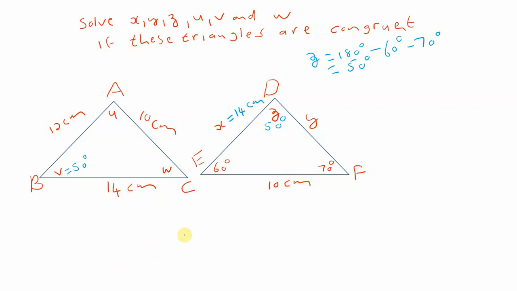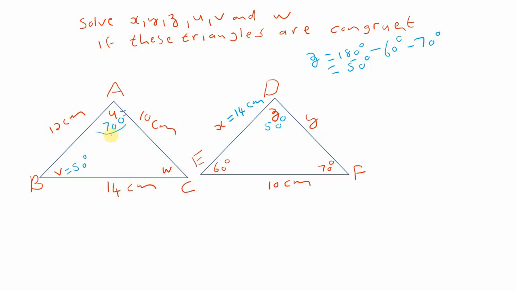And then we therefore also know that the 14 centimeters in triangle ABC, opposite that BC, the longest side, we need to have the largest angle, namely the 70 degrees angle. So U equals 70 degrees.